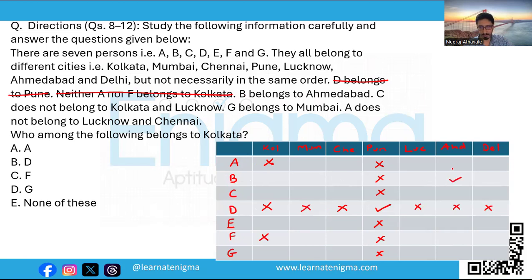So Ahmedabad is here. C does not belong to Kolkata and Lucknow. G belongs to Mumbai.